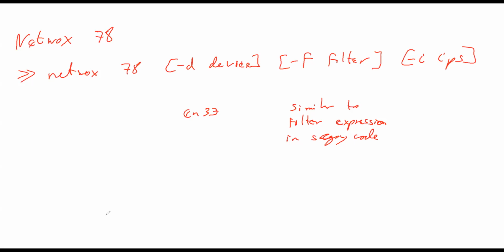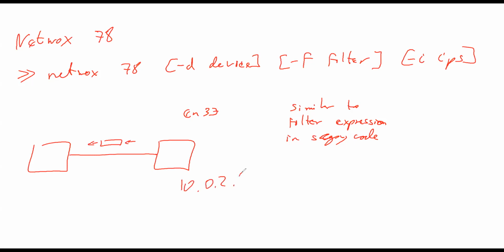So for instance, let's take a look at this one. Let's say you have a packet that comes from 10.0.2.68, and it's some kind of multimedia or something.